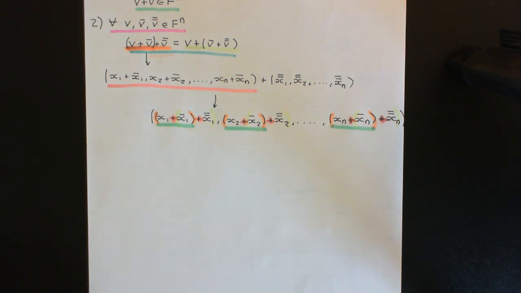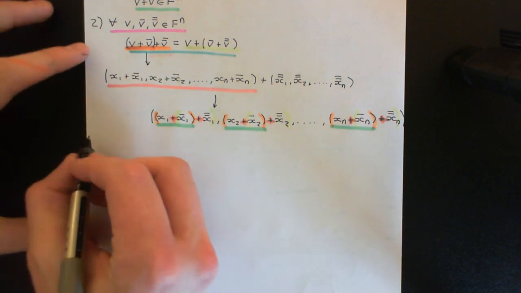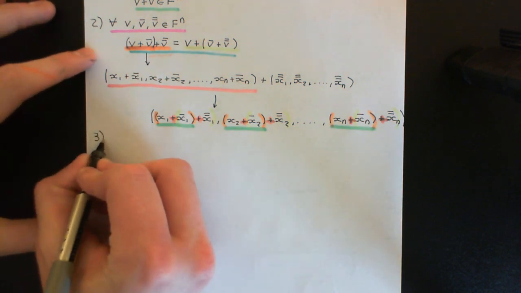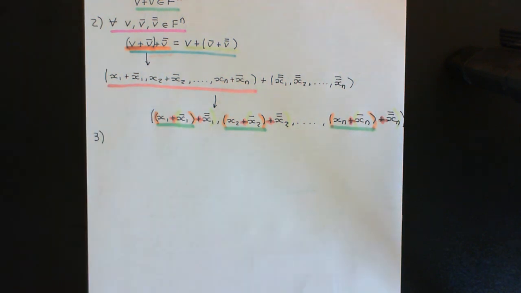Right, so now let's go on to axiom number 3 of an abelian group and make sure that our way of adding together two vectors is going to obey that. Axiom number 3 says that there must be an identity in our vector space: some vector which, if we add it to any other vector, we get that other vector back again.